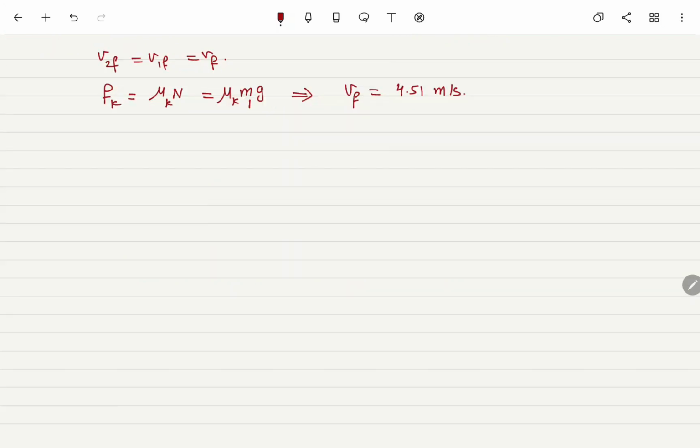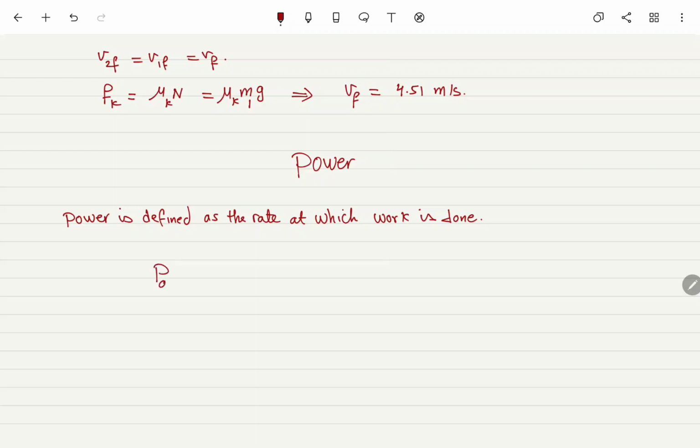Now let's define power. Power is defined as the rate at which work is done. In other words, if a force F does work on an object in a time interval delta t, then the average power delivered to the object is defined as power average equals delta W divided by delta t.